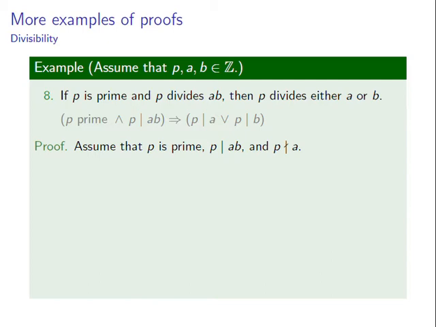Assume that P is prime, P divides AB, and P does not divide A. By exercise 10, the GCD of A and P is 1.